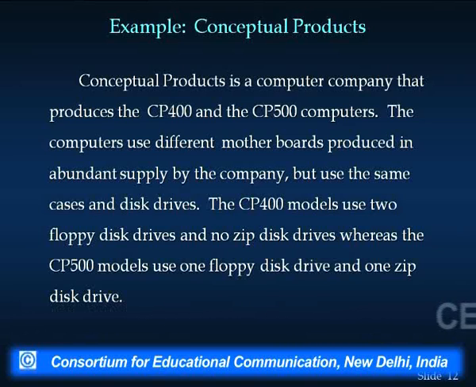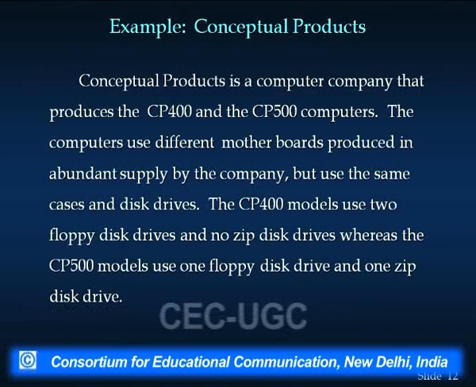As I have already discussed, before formulating the problem, we have to understand the key issues raised in the problem. The key issues raised are, first, it is a company manufacturing computers. Next is, the company is manufacturing 2 types of computers, namely CP400 and CP500.